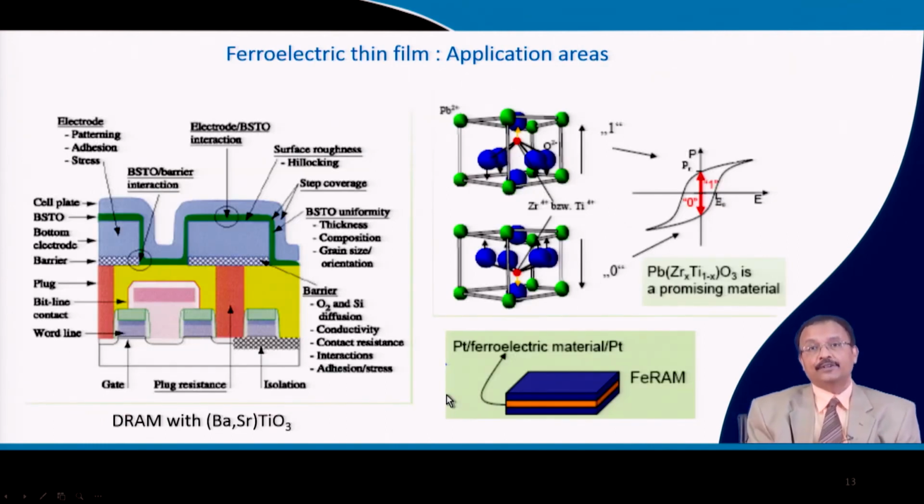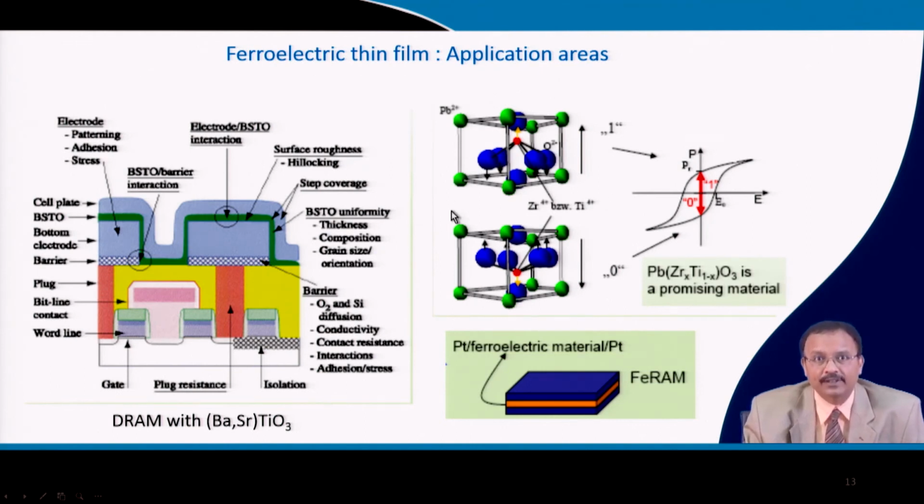Usually this ferroelectric thin film is used either as dynamic random access memory, which I will not cover in this course. It is a simple dielectric, and barium strontium titanate is used for this.